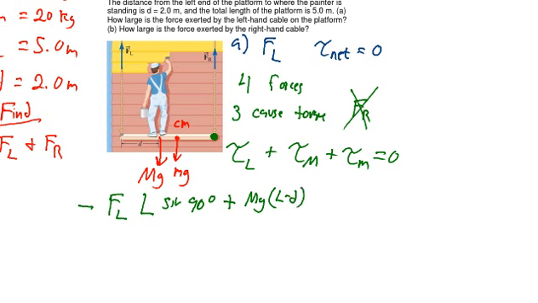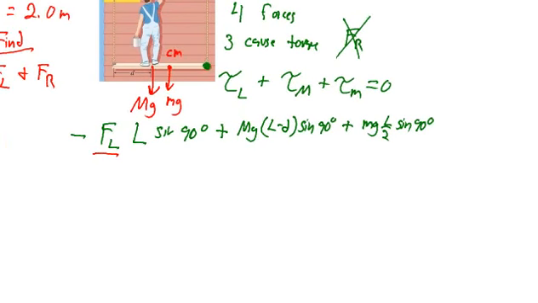So the painter is 3 meters away from the right-hand end, times the sine of 90 degrees. And then the torque due to the platform itself is going to be positive little mg L over 2 times the sine of 90 degrees. So the only number that we don't know in this expression is the force due to the left-hand rope, so we can go ahead and solve for that.